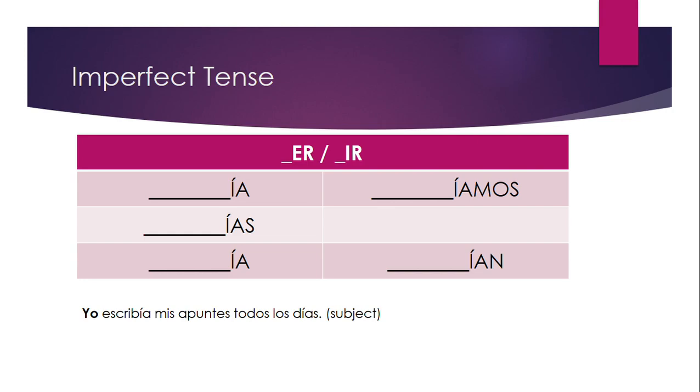Now take a second, based on our previous examples, and think of what this sentence could mean. Yo escribía mis apuntes todos los días. We could say, I wrote my notes every day. And we could also say, I used to write my notes every day. Both are perfect translations of this Spanish sentence.